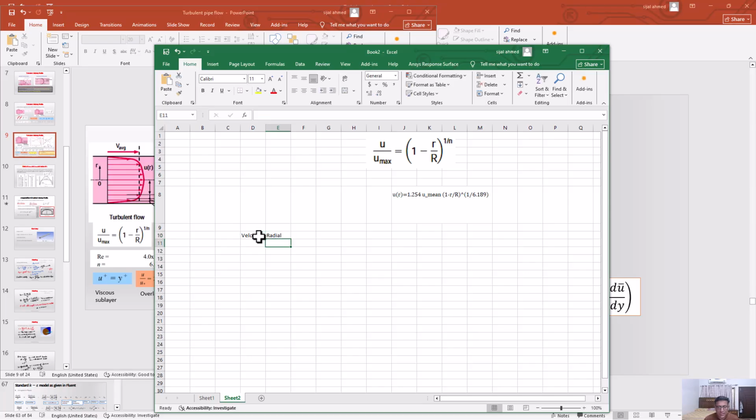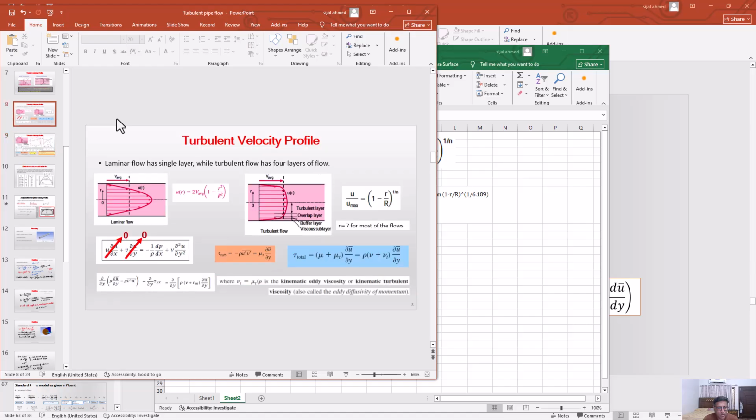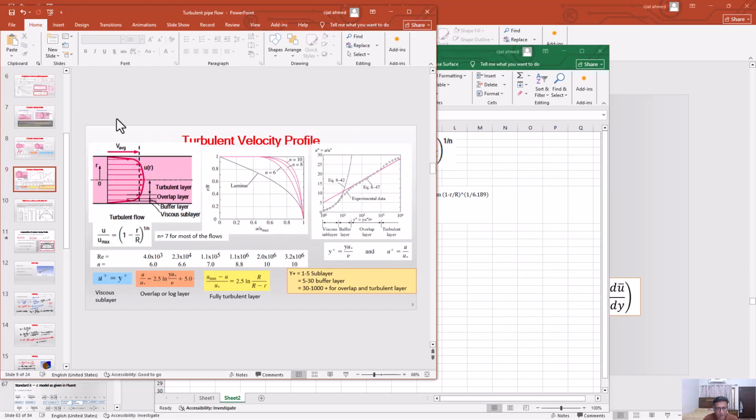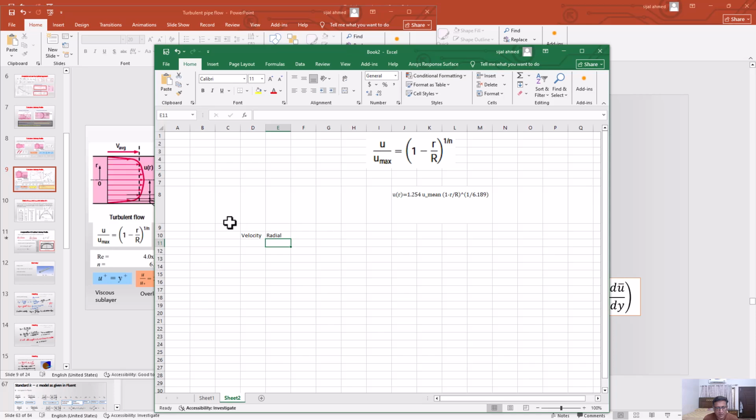So the diameter is equal to how much? The diameter is equal to 0.2 meters. It means that the radius, capital R, is equal to 0.1. So I start with 0.1, and then I gradually decrease the value by 0.005.